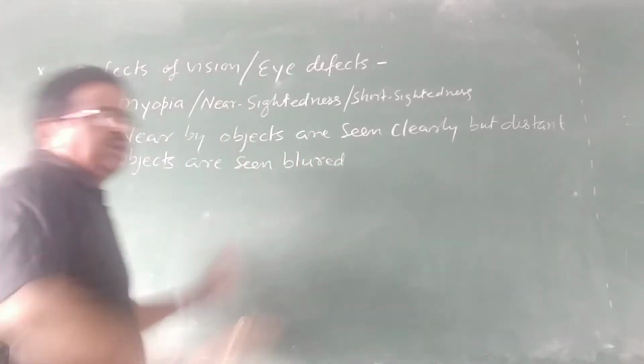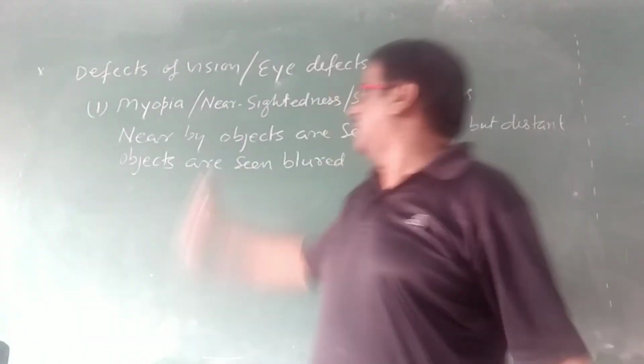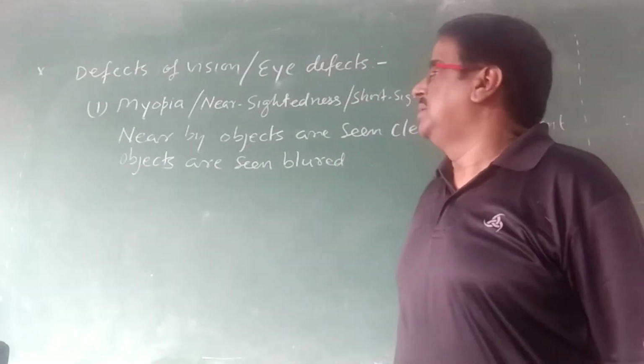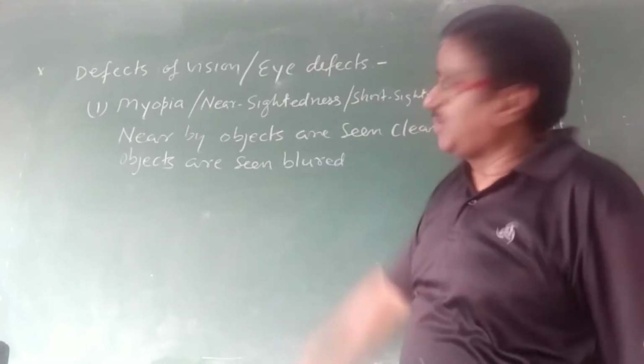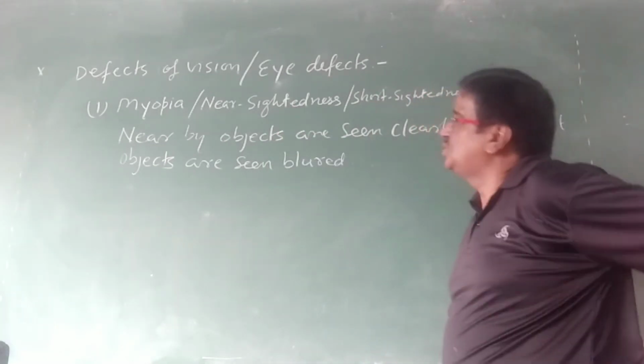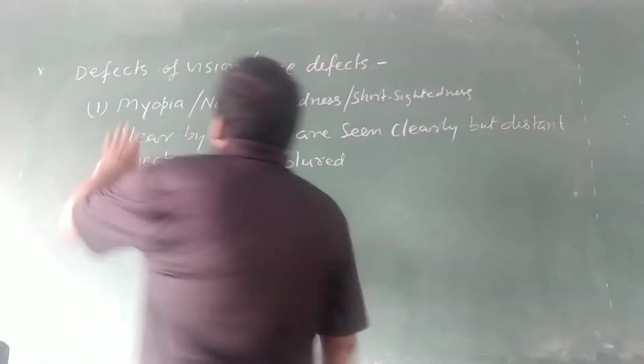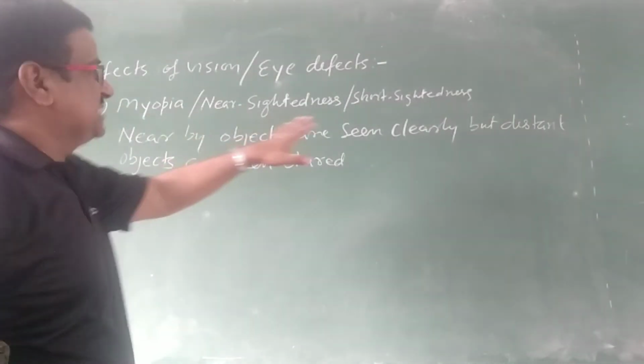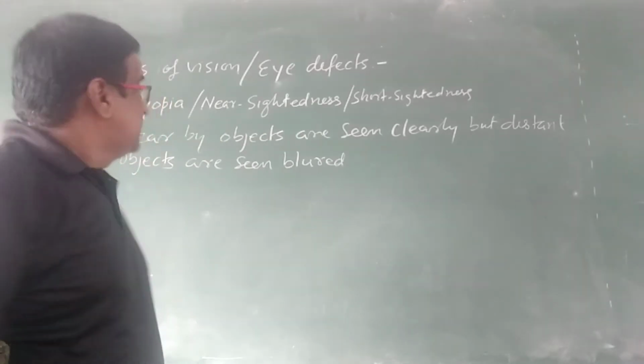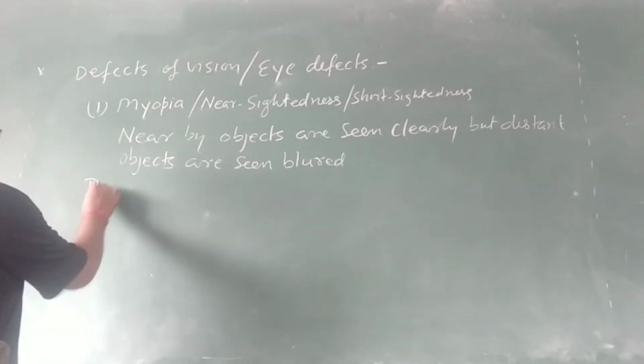You cannot say not seen. It will be seen, but it will not be clear. It will be blurred. If this is happening with you, then surely you are suffering from myopia, near-sightedness or short-sightedness. In this defect, what will happen?